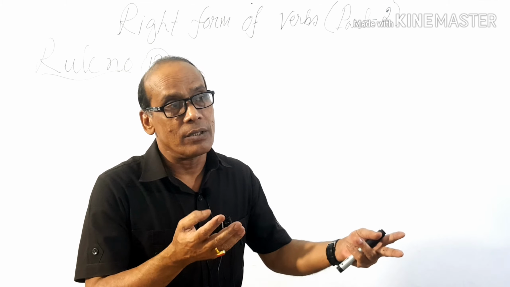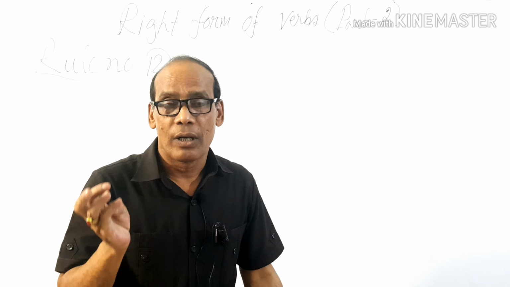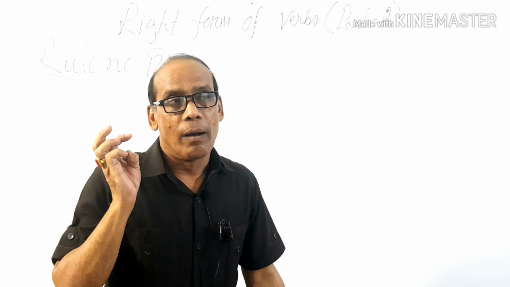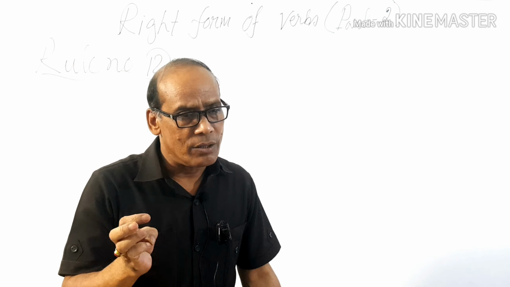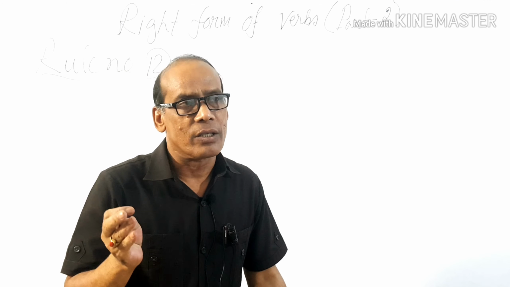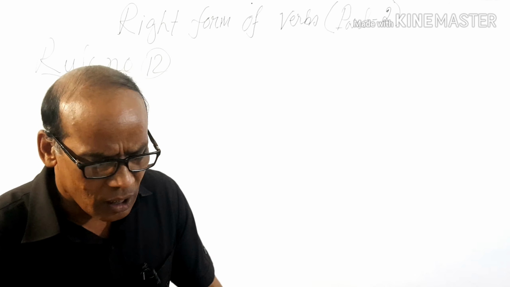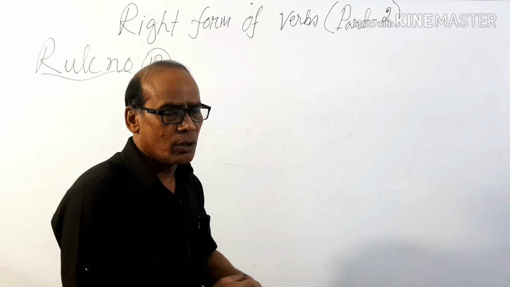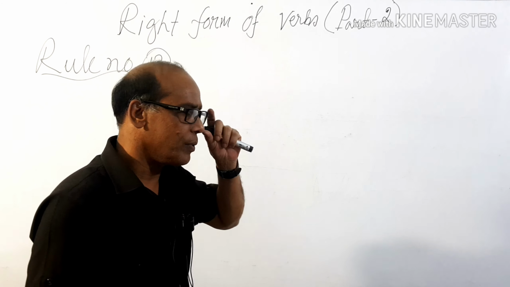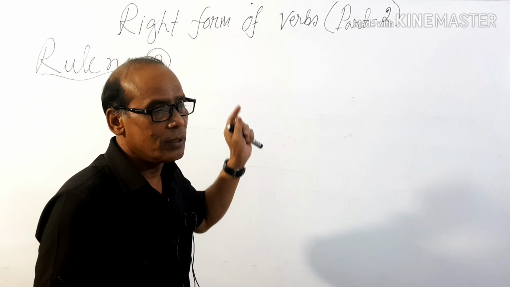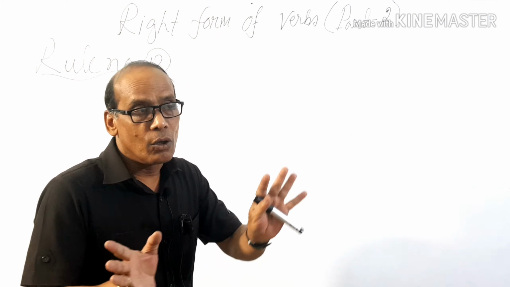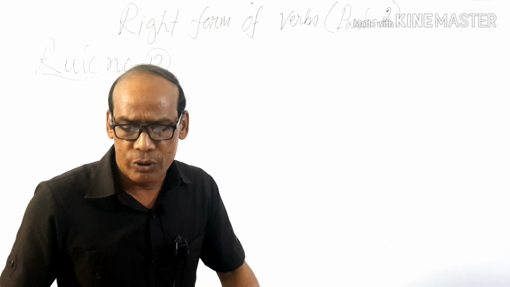It encompasses tense, subjects, moods, voices, different structures, modals, and so on. So if you want to do well in this subject, that means right form of verb, you'll have to know those rules clearly.